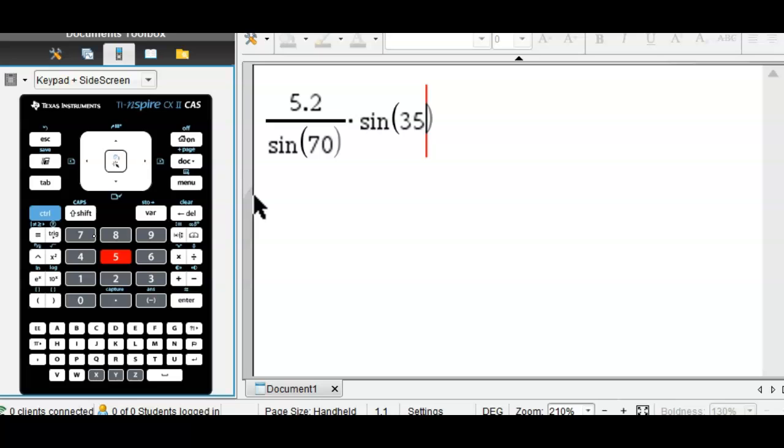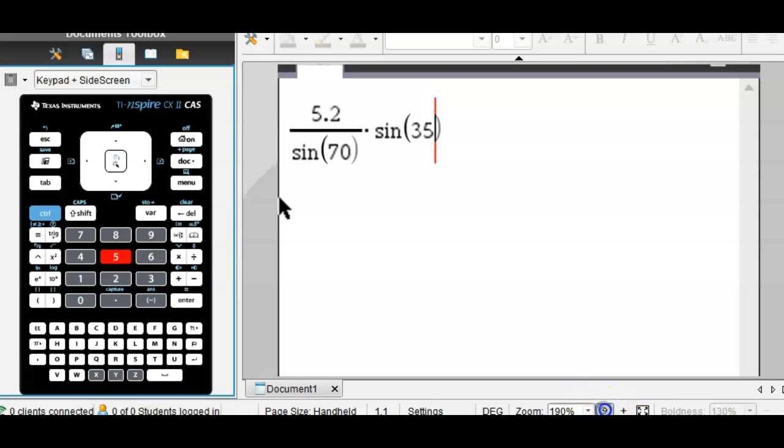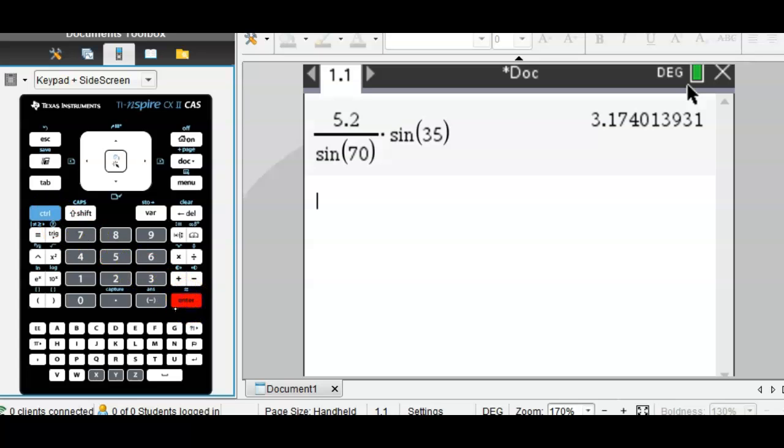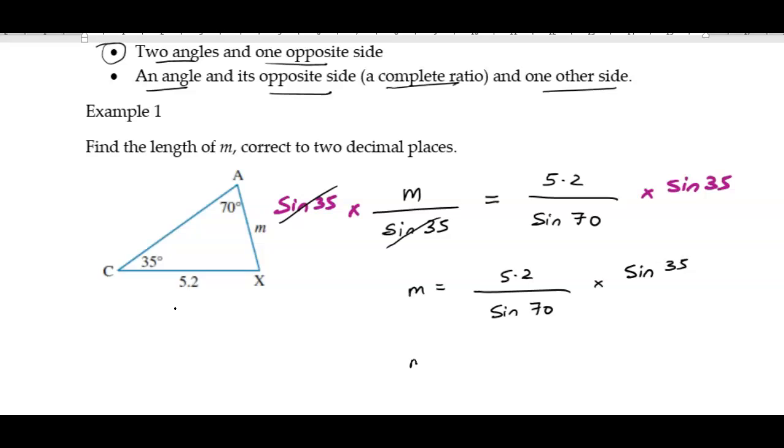Obviously, please make sure your calculator is in degrees. Control enter gives me the length of m as 3.17, correct to two decimal places. Now, alternatively, I also want to focus on how you can do this without doing the calculation mathematically, because that took us two steps to get to the final answer.